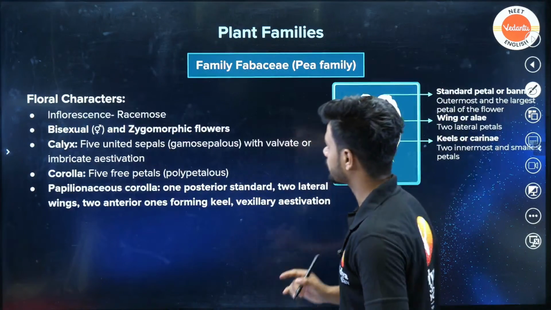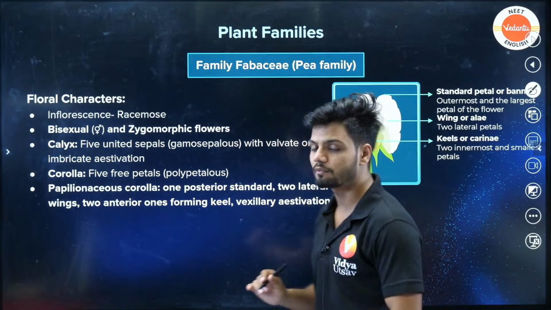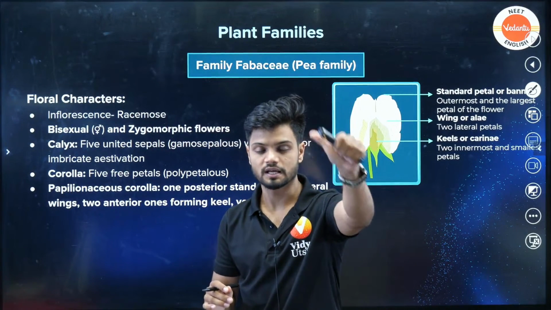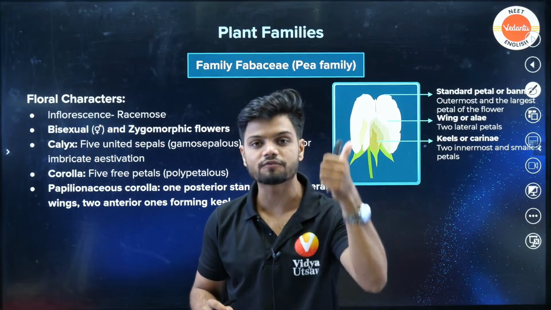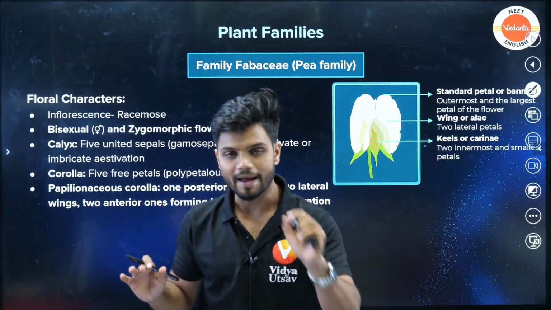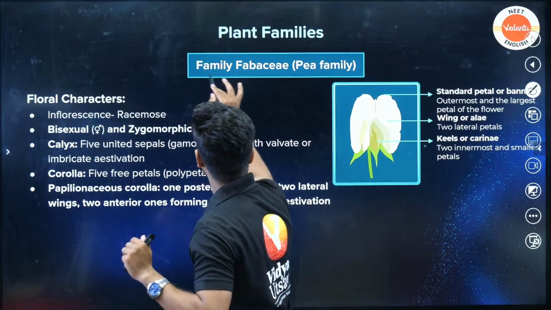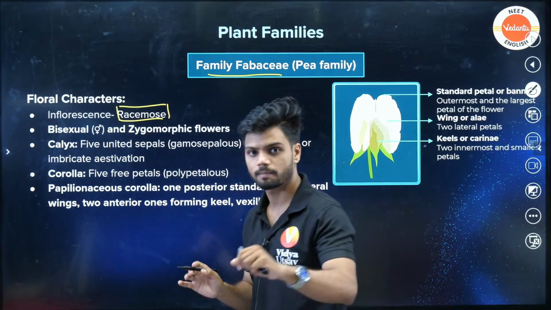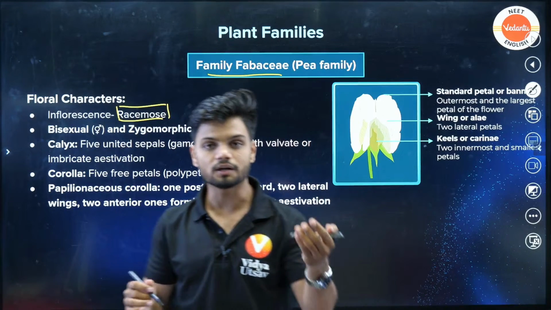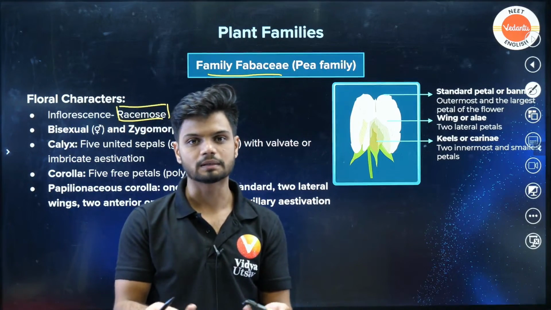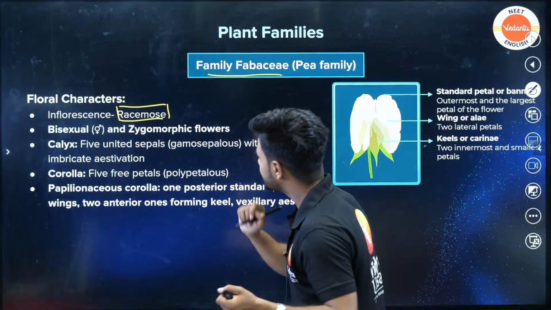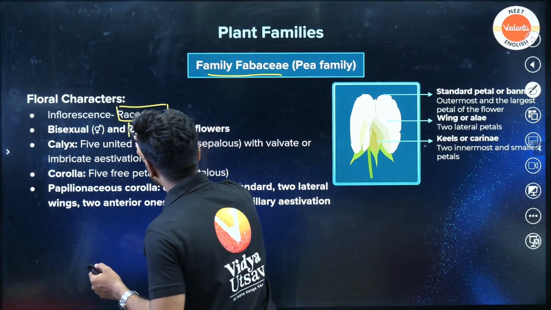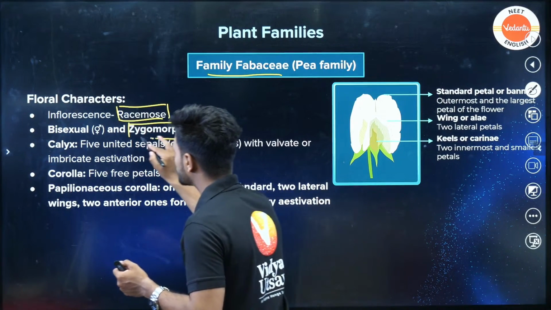Now, the next thing I want everyone to focus on is the inflorescence. Inflorescence for every single family is very important. Especially for your Fabaceae, that's going to be racemose inflorescence. Again, important to note. Now, what is racemose inflorescence? Younger flowers at the top, older flowers at the bottom. Simple, you know that. The next point I want everyone to focus on is the zygomorphic flower.